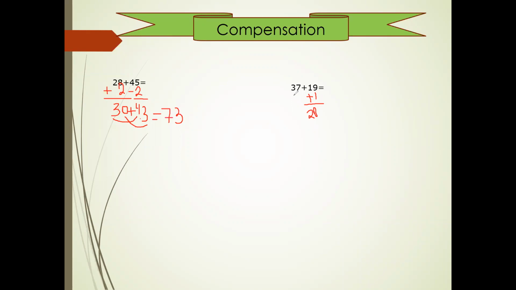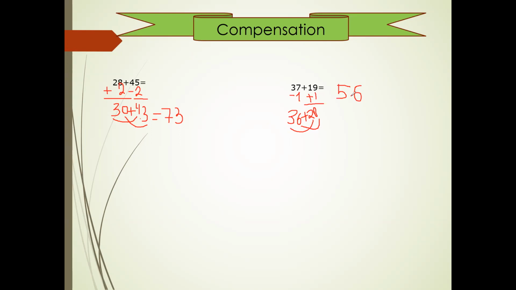If I added here plus 1, I take minus 1 from 37 and I get 36. Now 36 just plus 20. Okay, join. And you will get that this is 56. So that means compensation. We are making the number with 0.